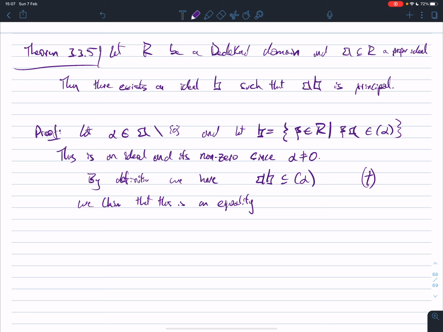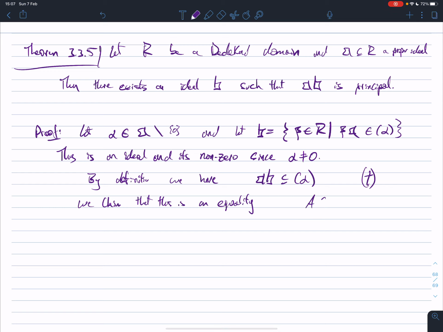Maybe it's a good time to point out in the notes, sometimes I write A contained in B, and sometimes I write A with a subset-equals symbol. It's just laziness. These two symbols mean the same thing to me. I know it's bad notation, but if I want to highlight that the two things aren't the same, then I'll explicitly say that they're not the same.